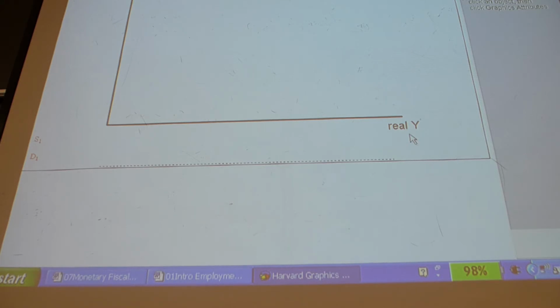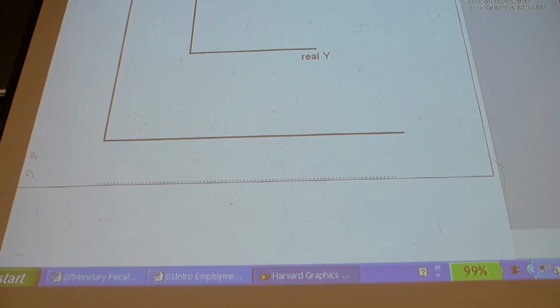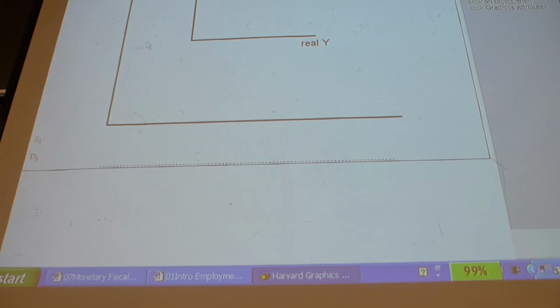Our upper diagram is going to be, I'll give you a clue, real Y and real aggregate expenditure. And I want you to draw the other 2 diagrams of money demand and money supply, and marginal efficiency of investment, all of it in equilibrium.